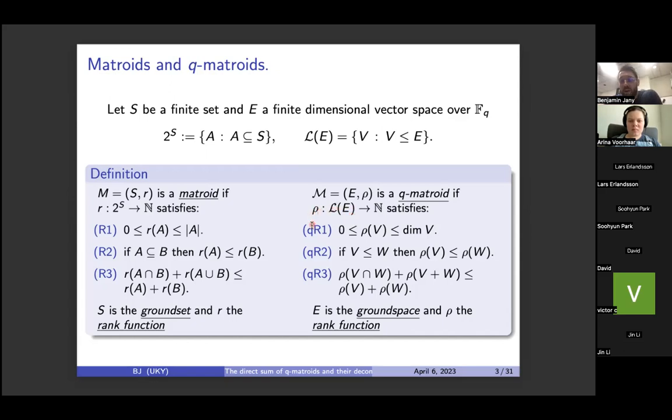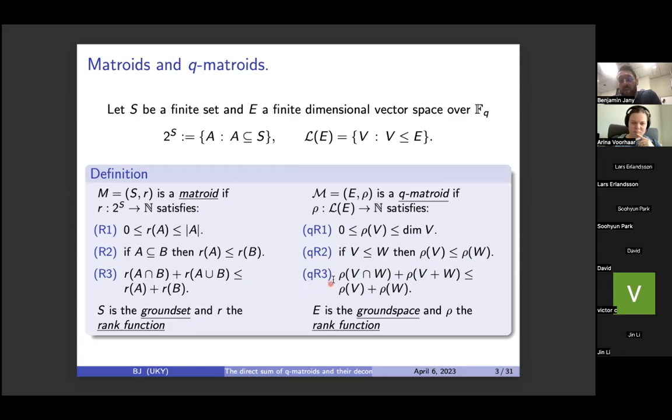This function needs to satisfy three properties that are analogous to the three properties of the rank function of a matroid. It needs to satisfy a boundedness property, where the rank of a subspace of E will be between 0 and the dimension of E. The function needs to satisfy a non-decreasing property, so a subspace containing another one must have rank greater than or equal to the rank of the smaller one.